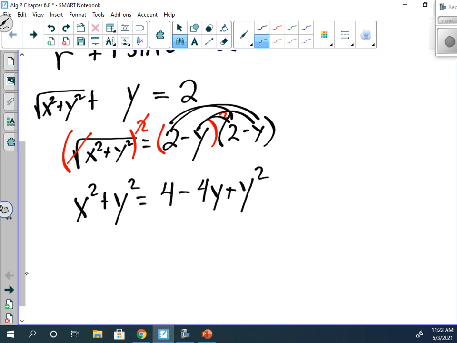Now we want to move everything over to the same side, so we would subtract y squared, which would cause it to cancel out, plus 4y, because when I subtract the y squared from both sides, they would. And that would be the equation we started with to get this here. And that's it. Questions on this here?